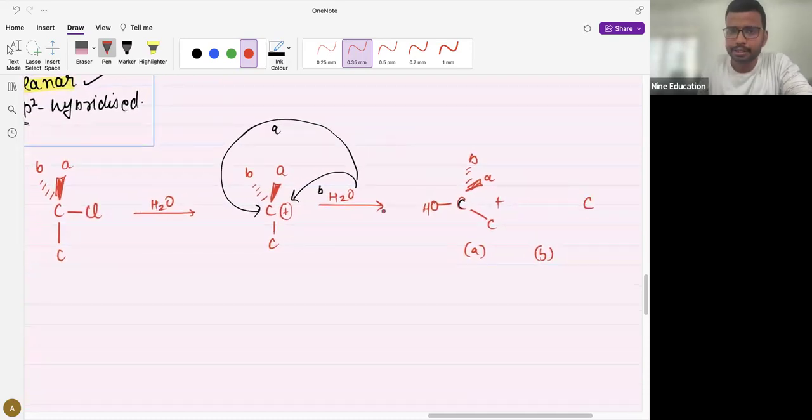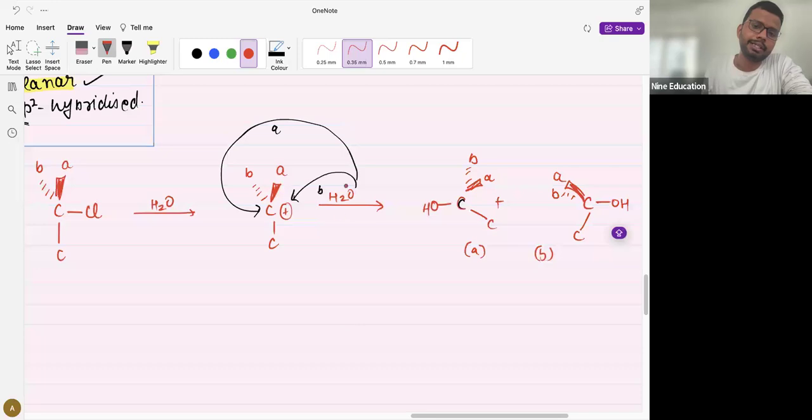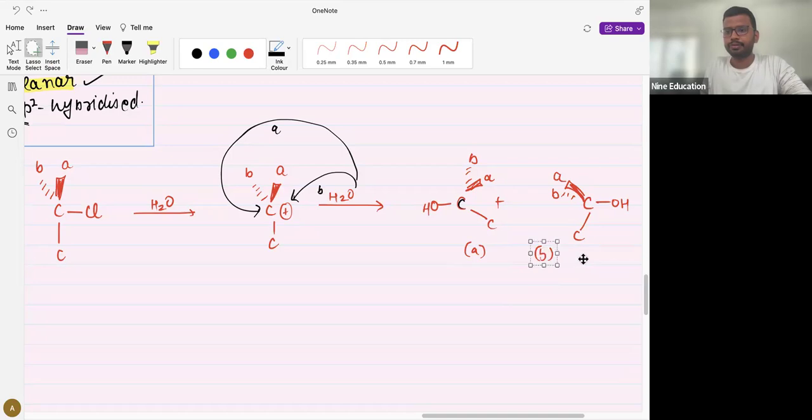A वाला इधर आ जाएगा, B पीछे चला जाएगा, ये C वाला this side it will come and OH will come this. अगर B से अटैक किया तो ABC will shift opposite side, है ना? So these two are what?